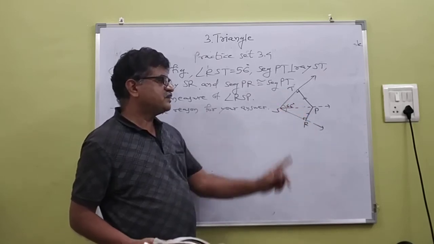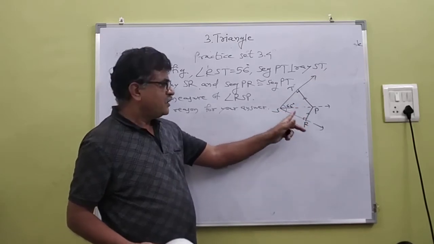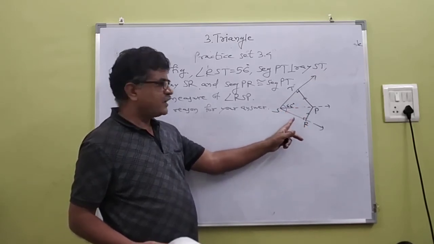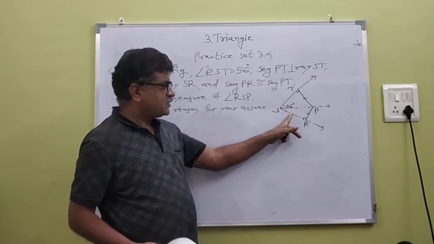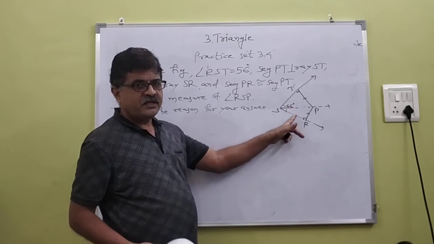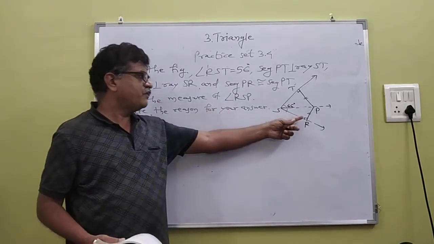Therefore, by the hypotenuse side test, these two triangles are congruent. Now corresponding angles of congruent triangles are congruent. Therefore, these two angles are congruent. Let us consider this as x, and by using this we can find the value of this angle.